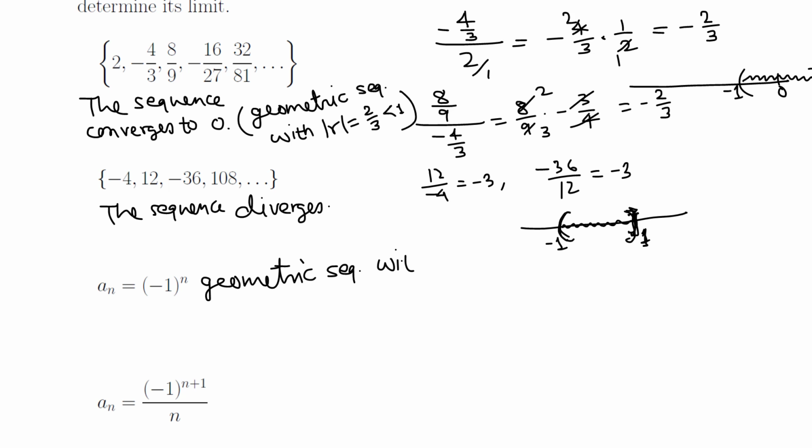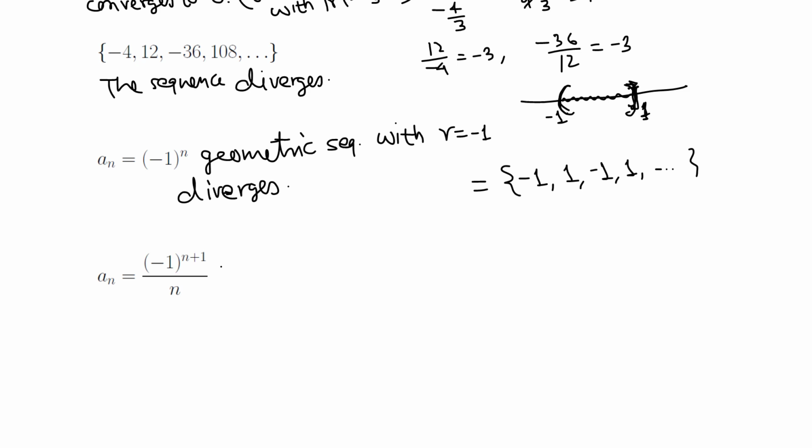If you try to find the terms here, n equals 1, we get -1, +1, -1, +1. So these numbers are not going to a single number, and these terms oscillate between -1 and 1. That means there is no limit. Limit means one unique value, but that's not the case here, so it diverges.